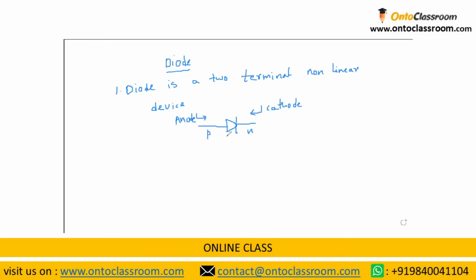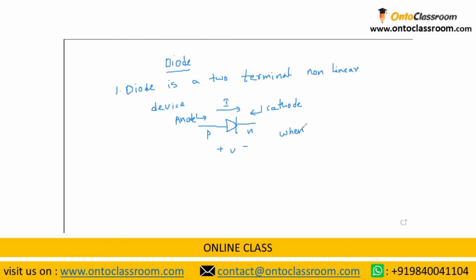How is this diode going to work? What is the principle of this diode? What are the characteristics of the diode that I'm going to explain now? Suppose you provide some voltage here, then current starts flowing through the diode. Upon applying some voltage, the diode starts conducting.